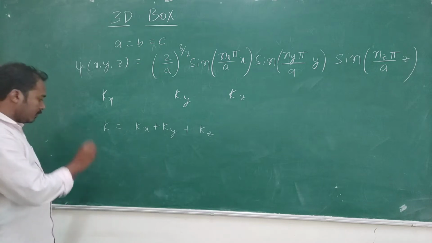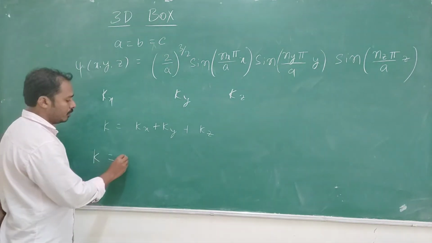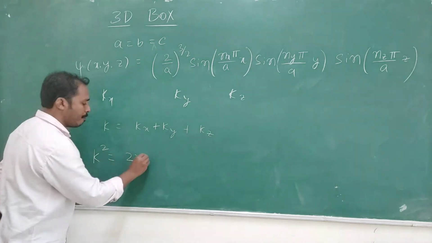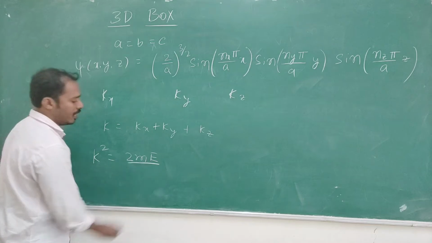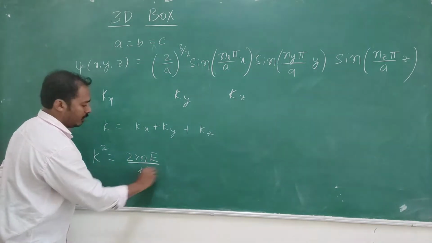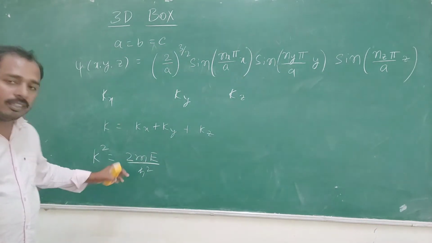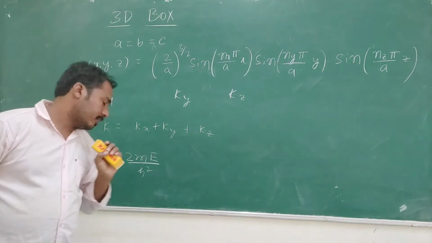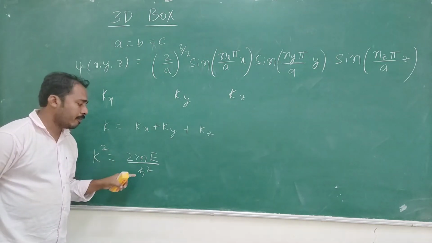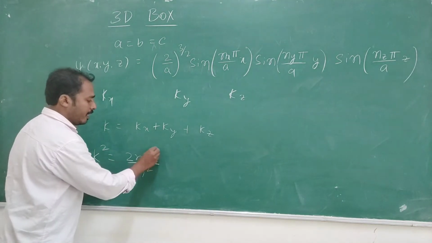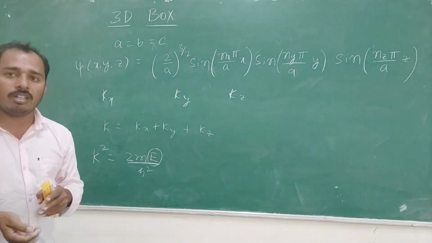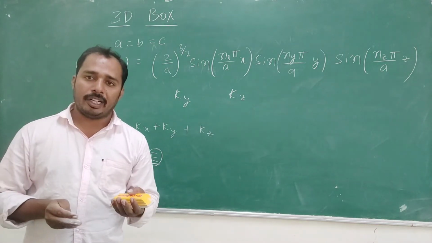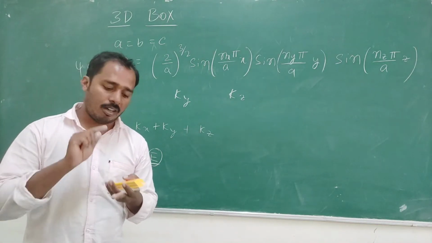So k square, which is equal to 2mE divided by h-bar square. This equation came in the previous class. Here the energy depends on all the coordinates: along the x direction, along the y direction, along the z direction.